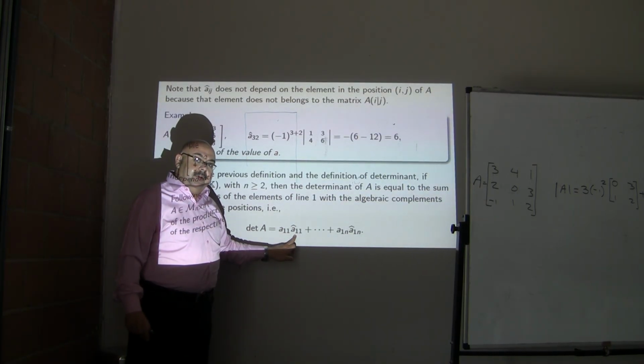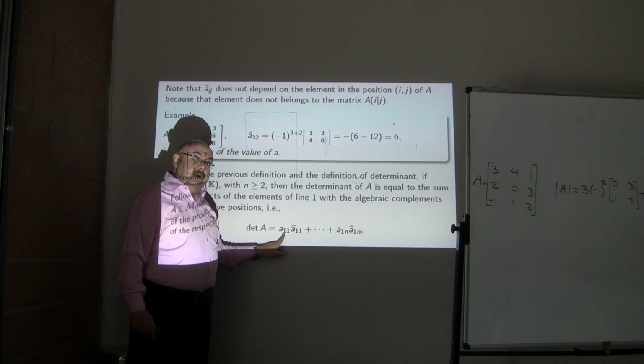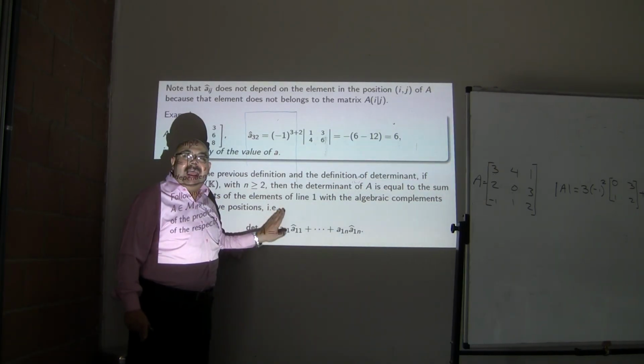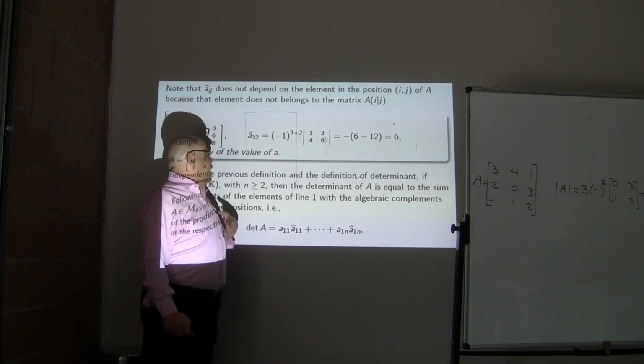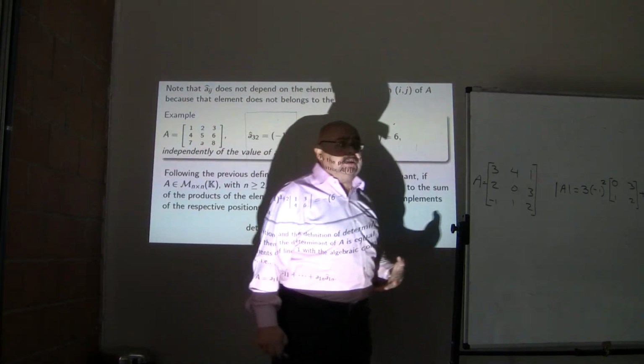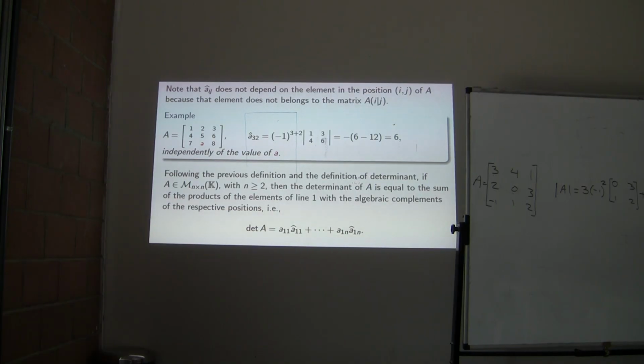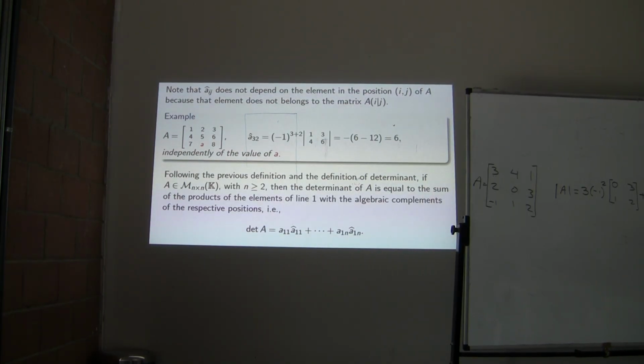Once more: I multiply the element 11 by the algebraic complement of A11. There is a difference between them, which is why I keep stressing this point. When I calculate a determinant, I take the numbers of the row and multiply each number by its algebraic complement. I usually do that, but sometimes the questions come within a context like this, so he's going to ask you about the algebraic complement. That sign will make a difference.